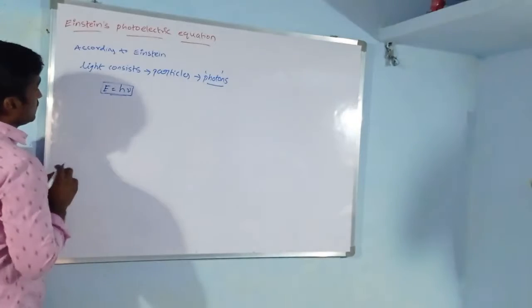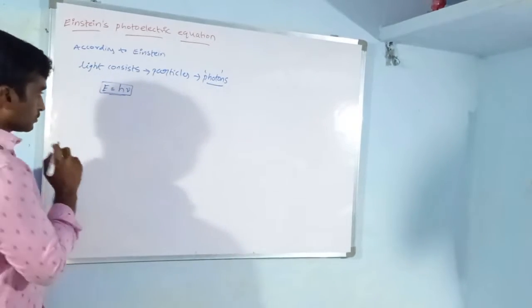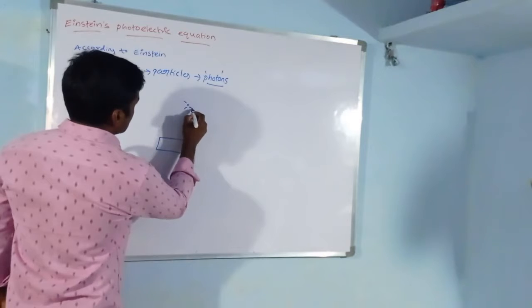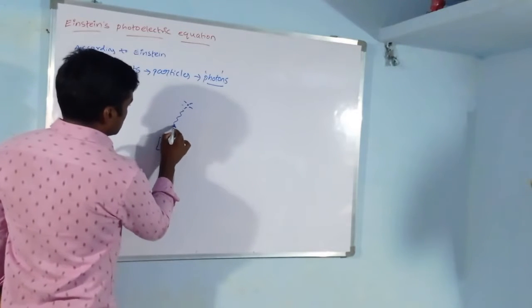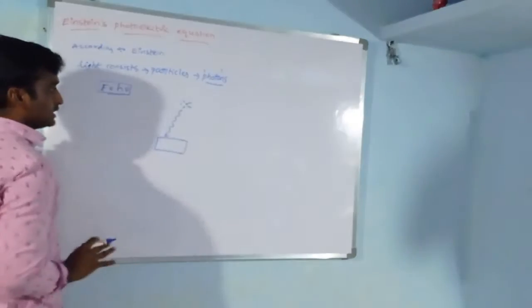Now, what is Einstein's photoelectric equation? This is a metal surface, this is a light source, and this is the incident light, the radiation.